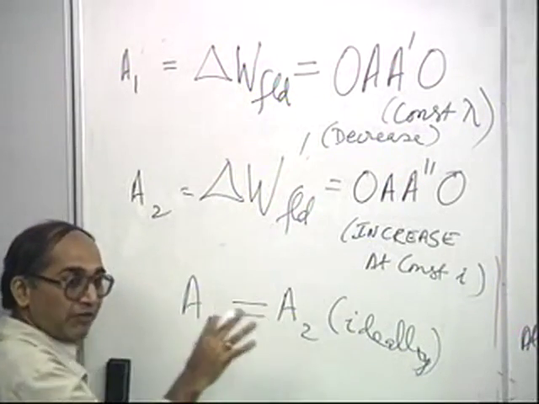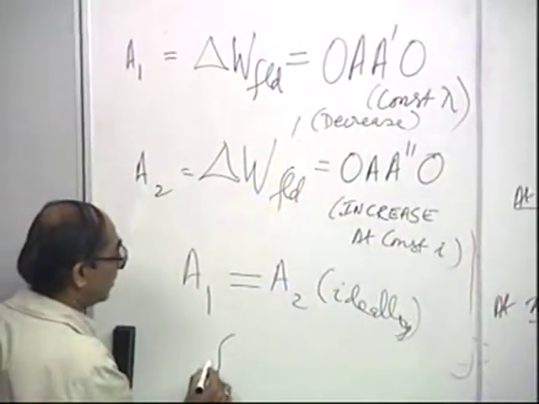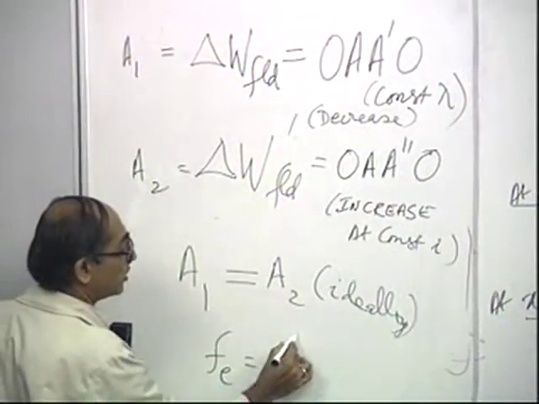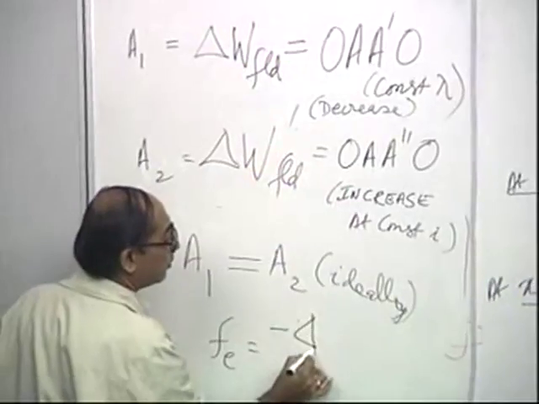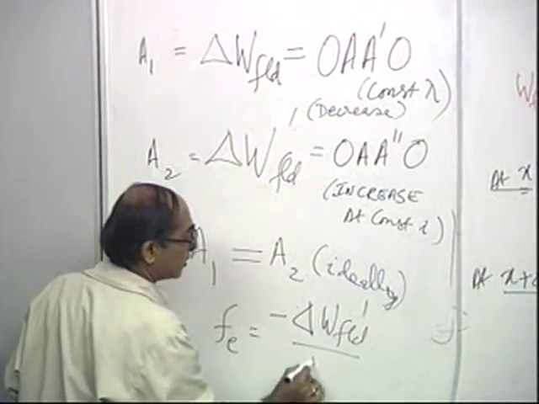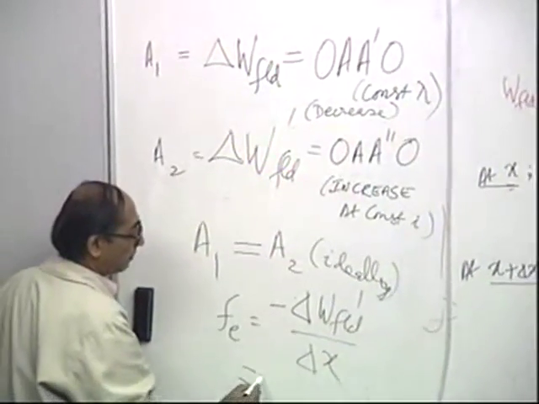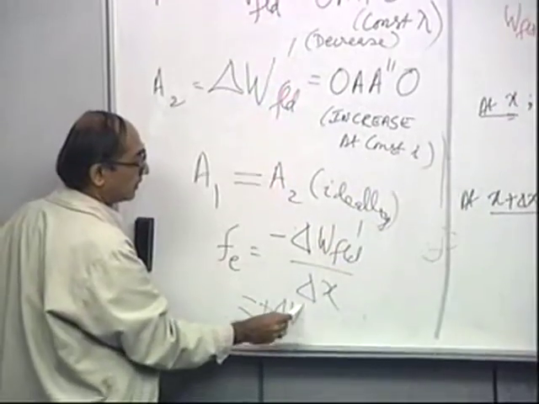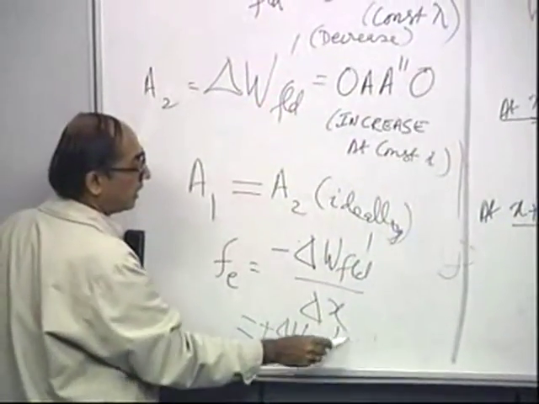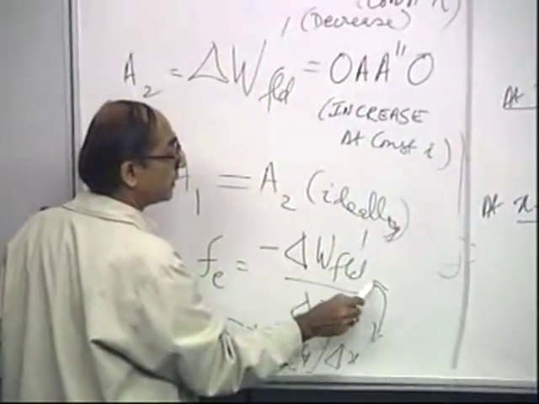This differential must be the same, because the force by definition is minus delta W field divided by delta X, and is also equal to plus delta W field dash divided by delta X. So these cannot be different.